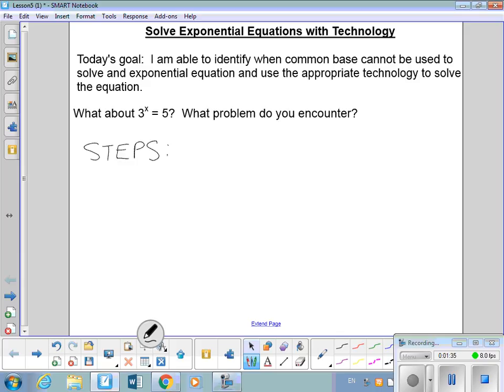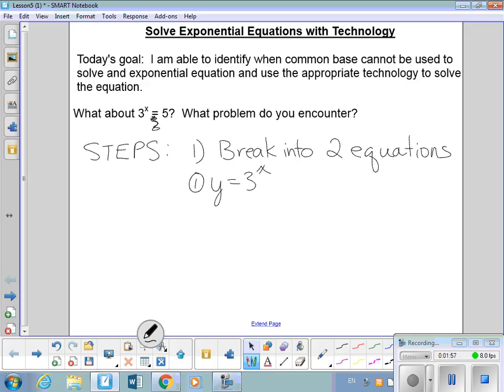So the first step is to break it into two equations. The two equations are going to be split right at the equal sign. So y equals 3^x is going to be our first equation, and our second equation is going to be y equals 5. Okay, so we have done that.